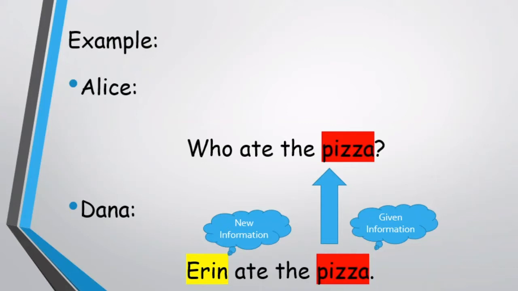Erin answered the question who, while the word pizza in the reply of Dana is given information because it can be presumed to be in the mind of Alice, who has just introduced it into the discourse in the previous turn. The word pizza is already introduced by Alice, so we can distinguish it as the given information.